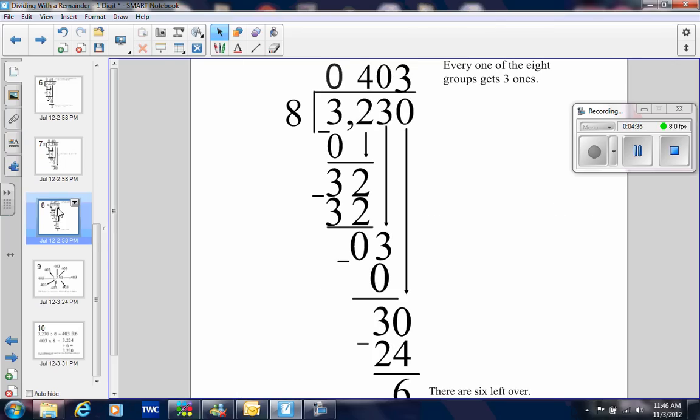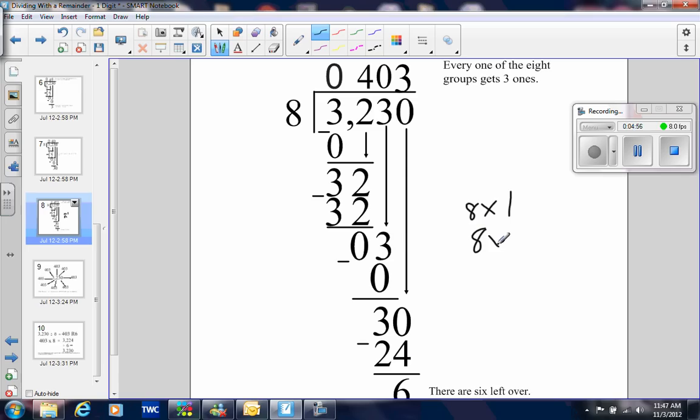Now every one of those groups gets 3 ones. And the reason is similar to what I was doing earlier. I've got the multiples of 8. I'm trying to hand out 30 if I can. I thought if I put a 1 up there, then I would have 8. And that's not very close to 30.